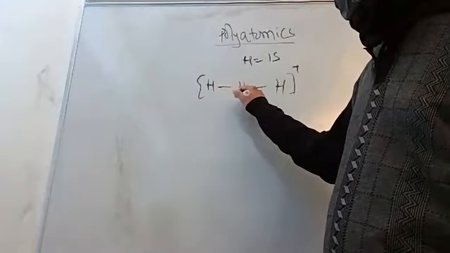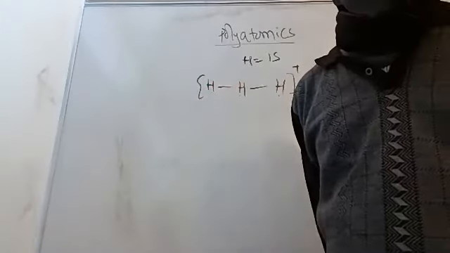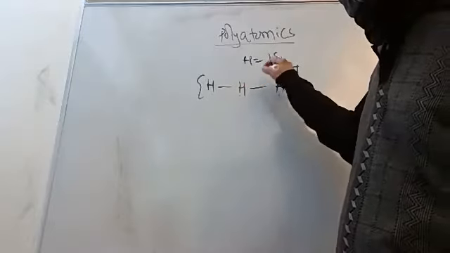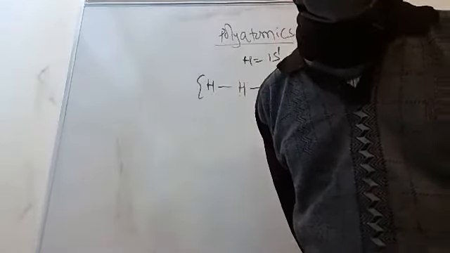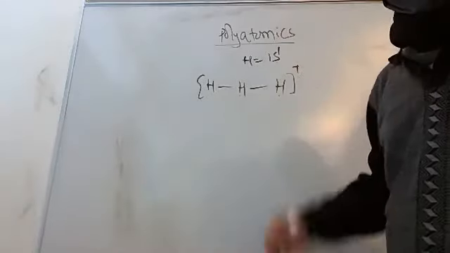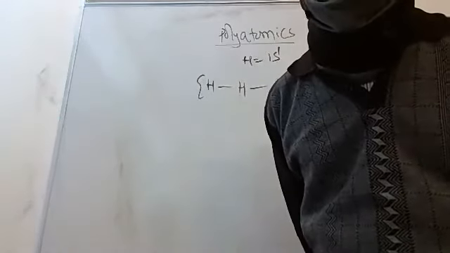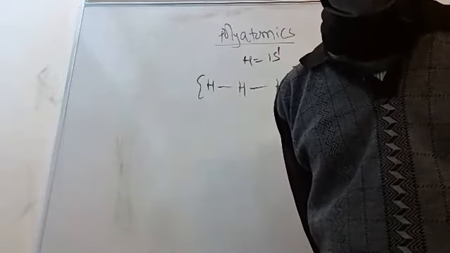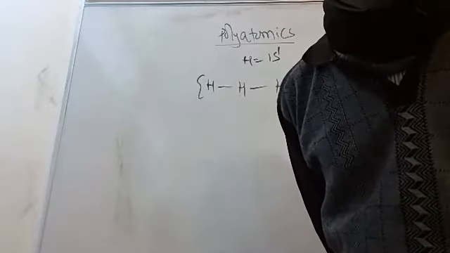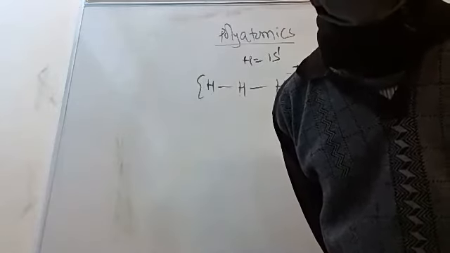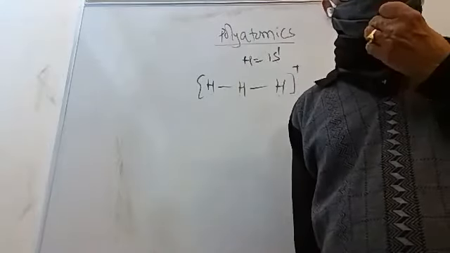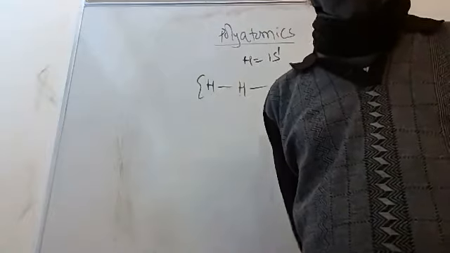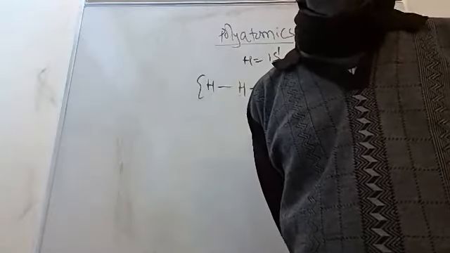There are three hydrogens, so if they are neutral, we should have three electrons. The fact that it has a positive charge tells you there is one less electron in this molecular species. So 3 minus 1 gives you 2 electrons. So this is a 2 electron, 3 atom bonding. Quite interesting, right? Two electrons are binding three atoms.